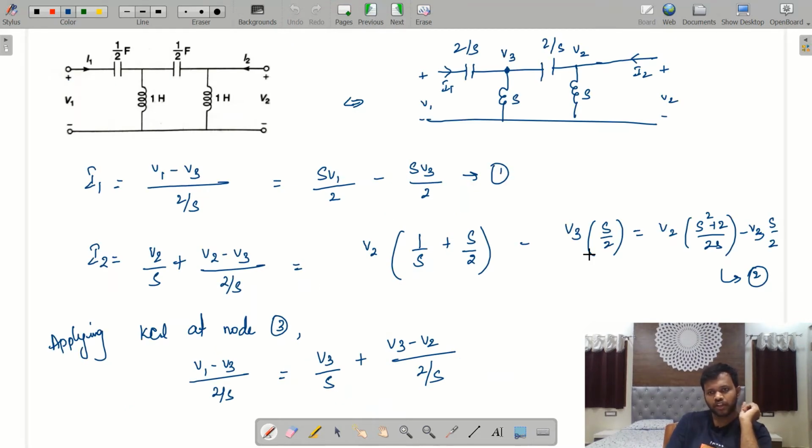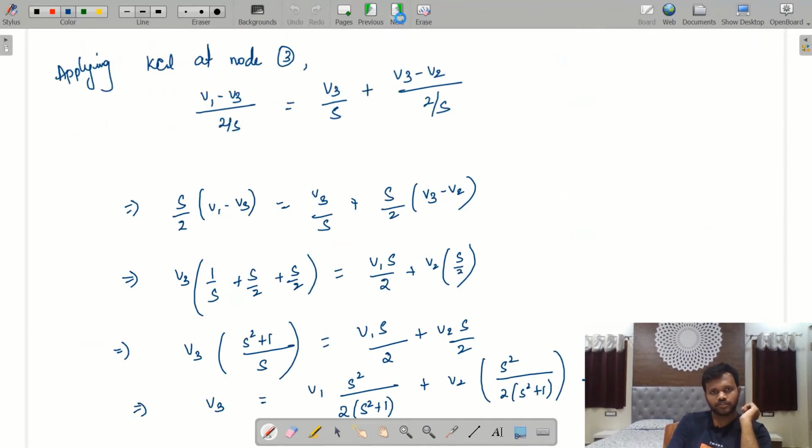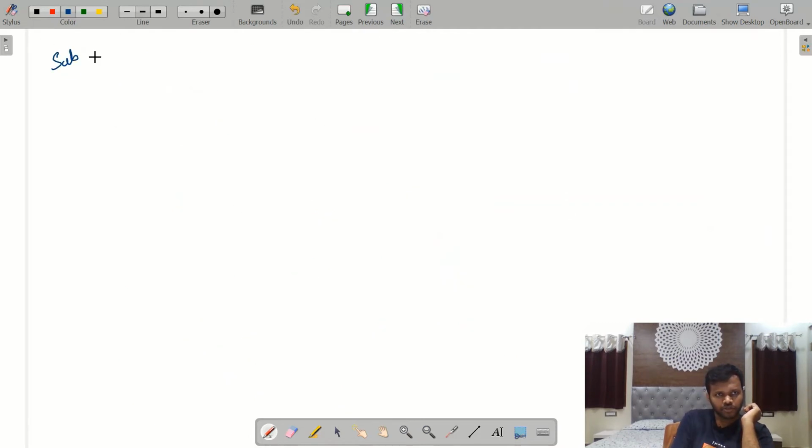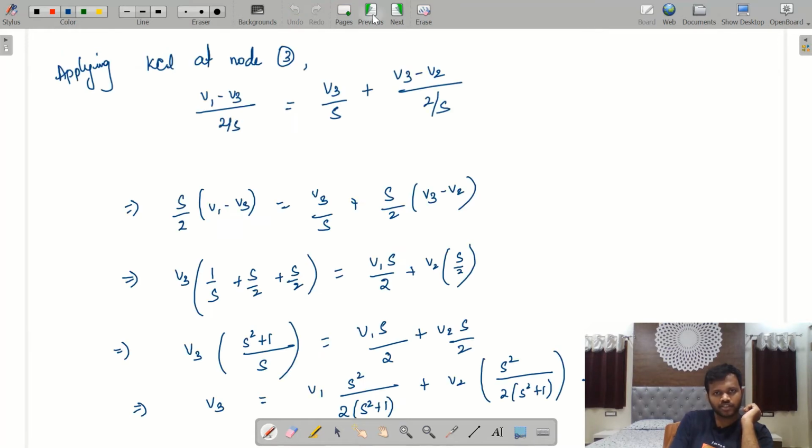Now substituting 3 in 1 and 2, we are going to get the equations. Substituting 3 in 2, what is the second equation we have?